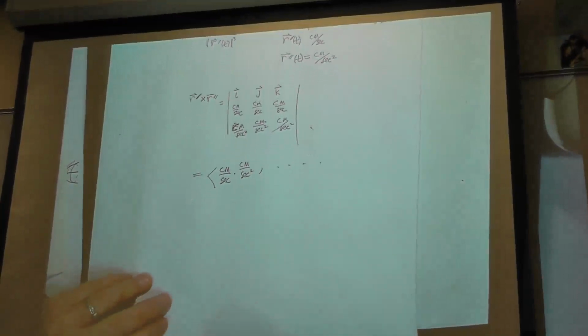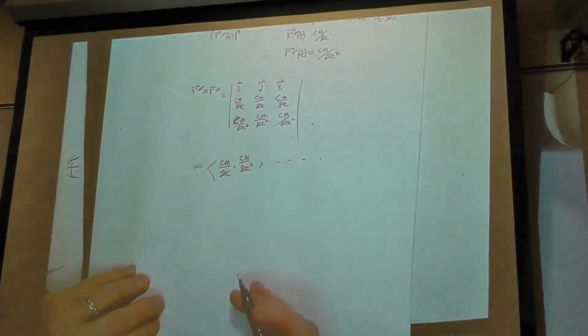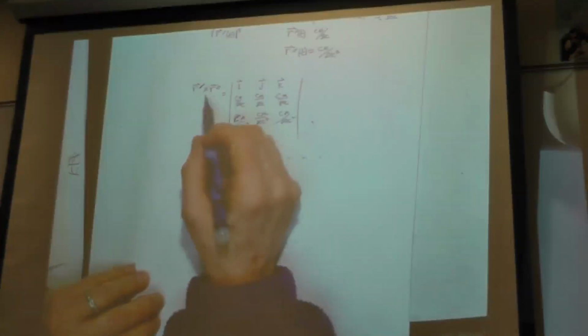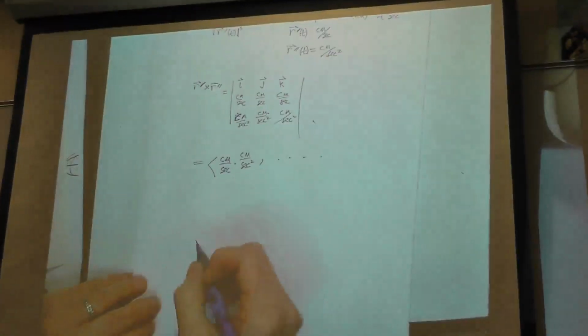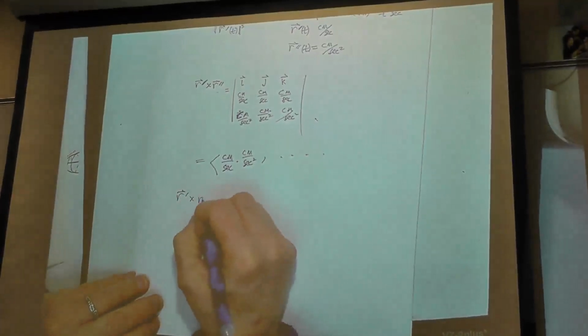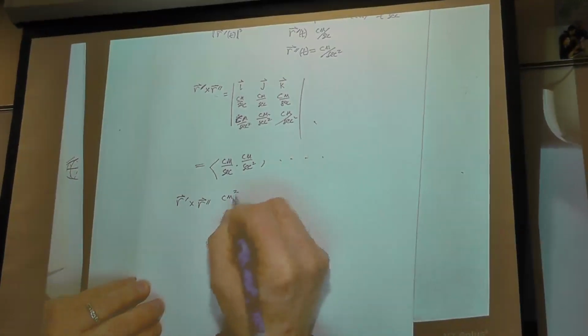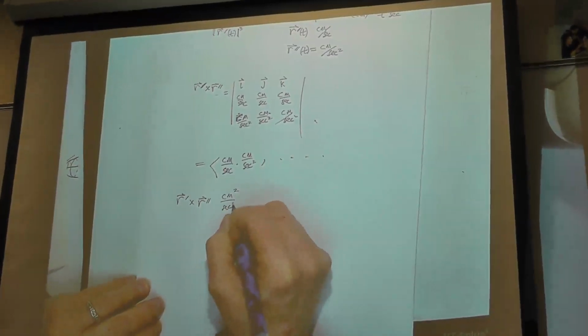This means that the units for R prime crossed with R double prime are going to be centimeters squared per second cubed.